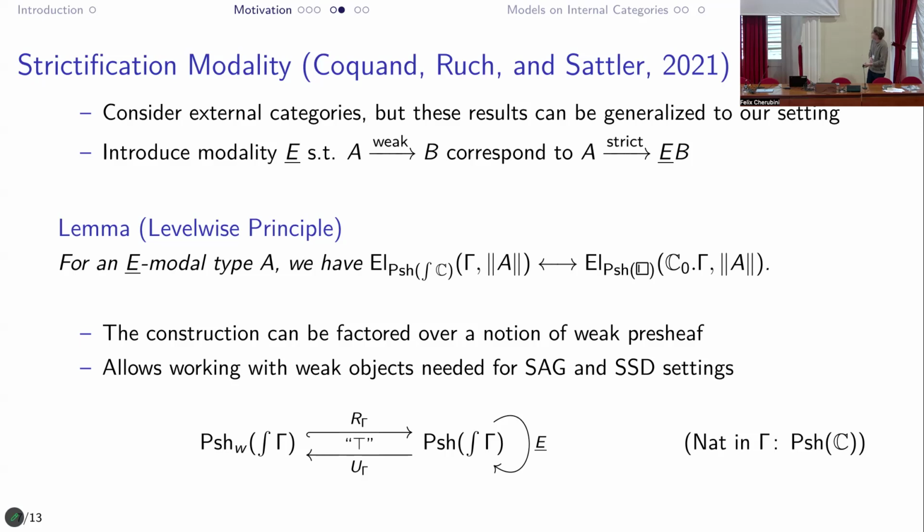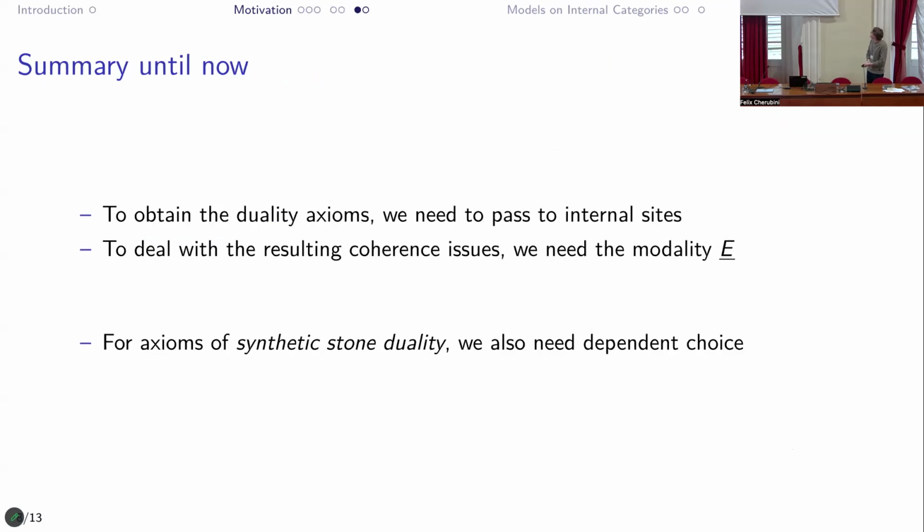But that doesn't matter, because this we can use to now actually work with the objects we want to define for the algebraic geometry setup, for example. So we define them on the weak side, then we strictify them. And if you want to work with them, you map them back to the weak side, insert some co-units, and then map them back. Okay. Right.